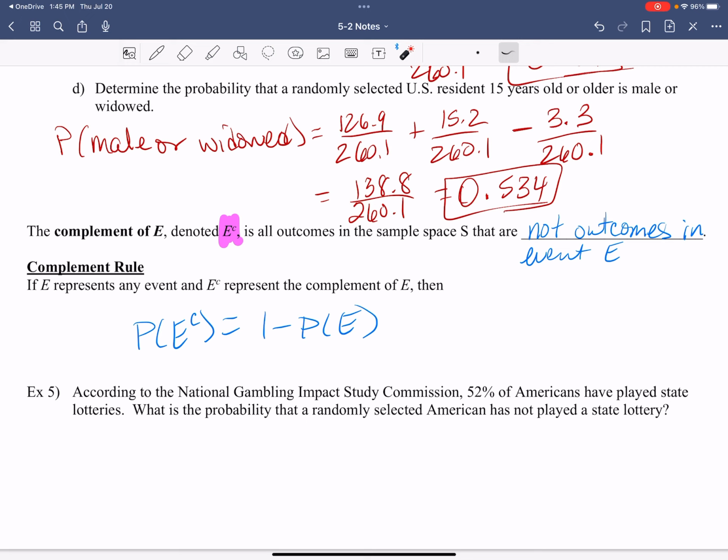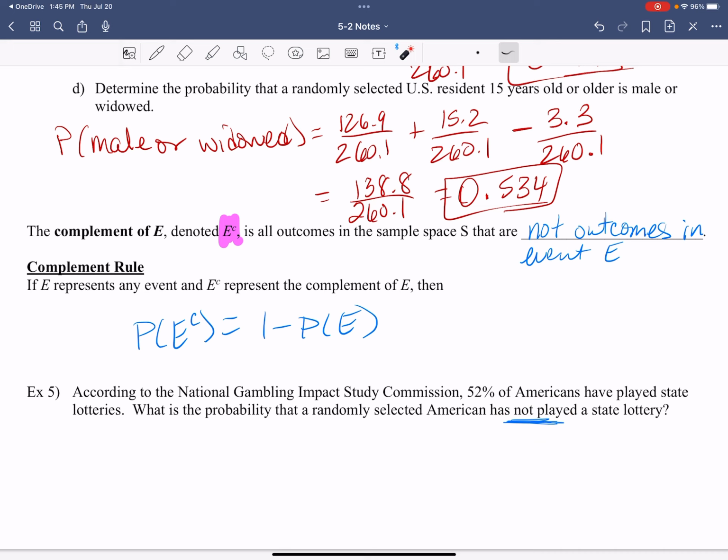Okay, so according to the National Gambling Impact Study Commission, 52% of Americans have played state lotteries. What's the probability that a randomly selected American has not played the state lottery? Now, here's the deal. This is saying who has played. My question is who has not played.